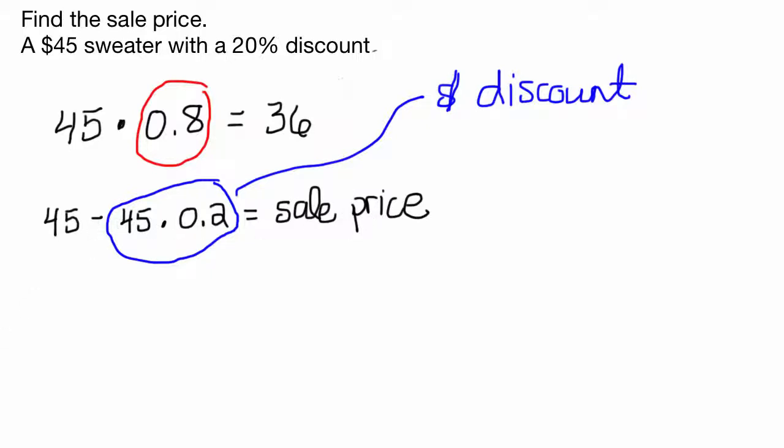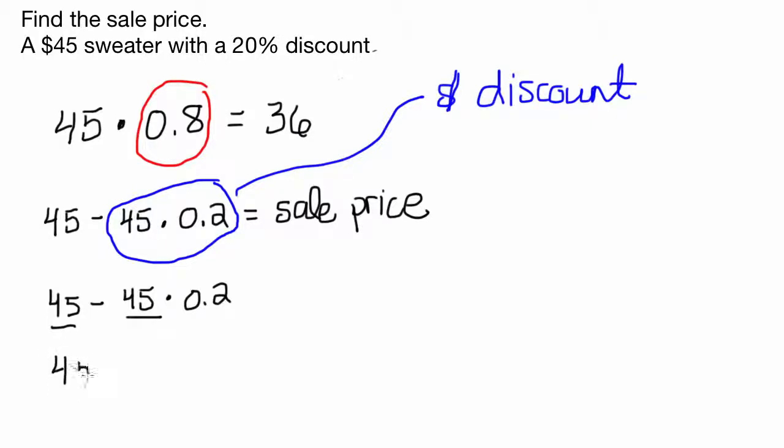So now let's take a look at this, okay? What we have is 45 minus 45 times 0.2. So do you agree? So I'm going to rewrite that just so we can see it. So it's 45 minus 45 times 0.2, okay? Do you agree that there's a 45 in both terms that we could factor out? There is.